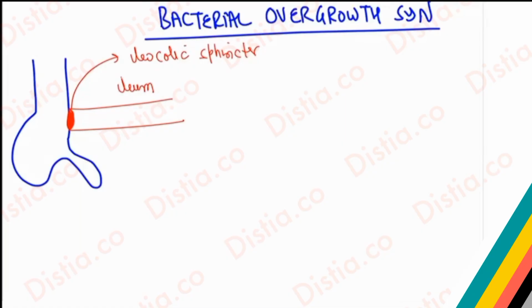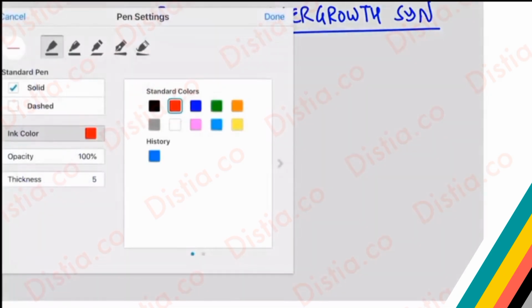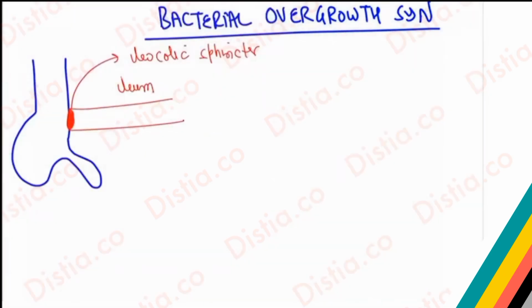So the functional aspects of the sphincter are highly important because it will prevent the anaerobes from coming back. You see the count of anaerobes. When we look at the count of anaerobes in the large intestine, they are to the tune of 10 raised to power 11. When it comes to the bacteria in the ileum, they are in the range of 10 raised to 8, and as you start going towards the jejunum, the counts will progressively reduce.